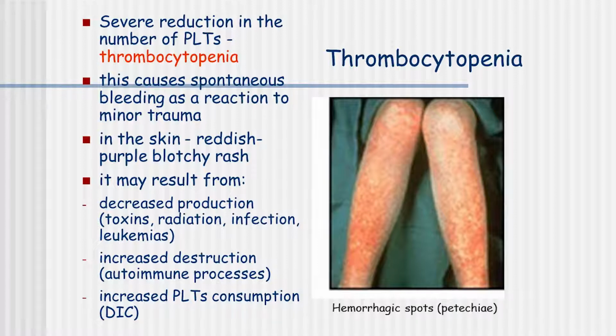It may result from decreased production, toxins, radiations, infections, leukemias, increased destruction from autoimmune processes, or increased platelet consumption. So one of the causes where there are very few platelets and there is injury to the blood vessel, you are looking at thrombocytopenia.